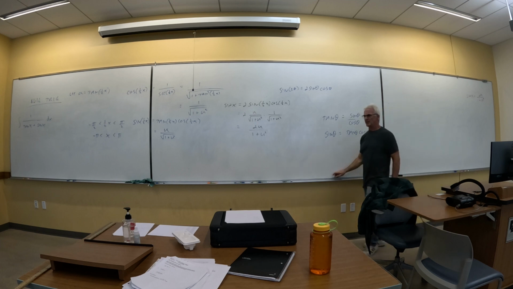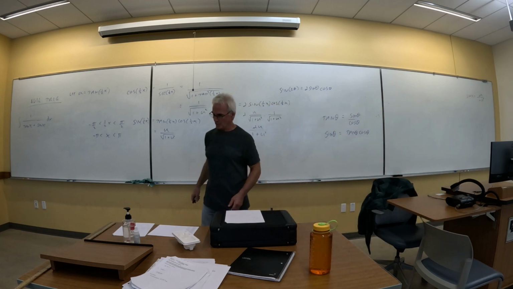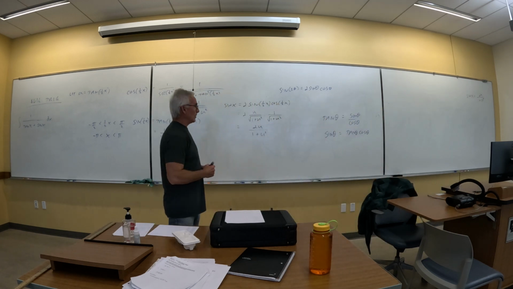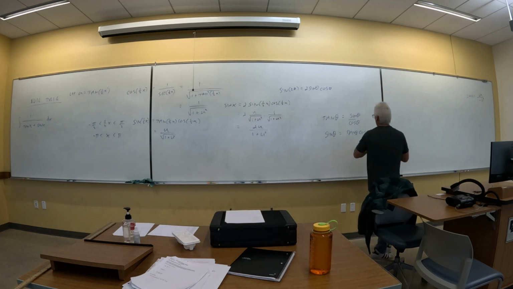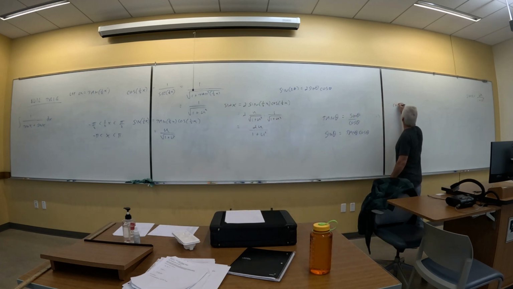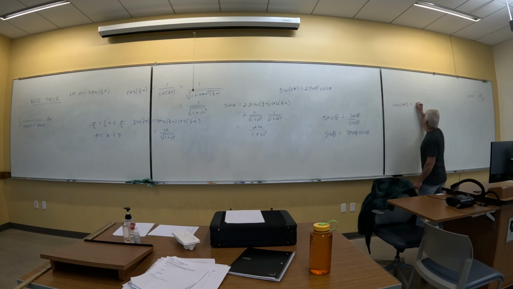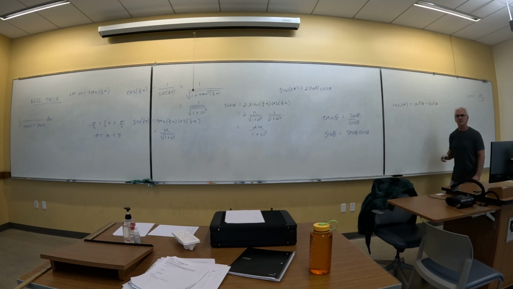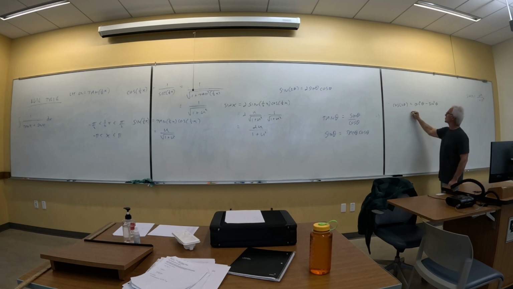Now I need to get the cosine. How am I going to do the cosine? Well, let me remind you, don't we have a formula for this? If I replace cos squared with 1 minus sine squared, I know that's true.